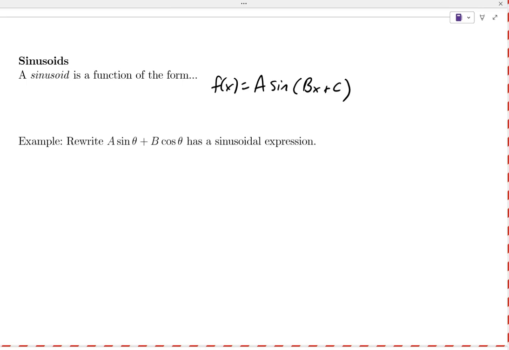It's something that has some amplitude piece out front, and it looks like a period change and a phase shift in the sine function. Notice we don't have an up or down piece for defining what a sinusoid is. It's literally just this. It's a function that can be written as sine of something and then a constant multiple of it.